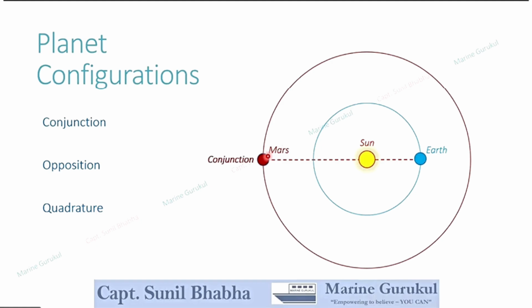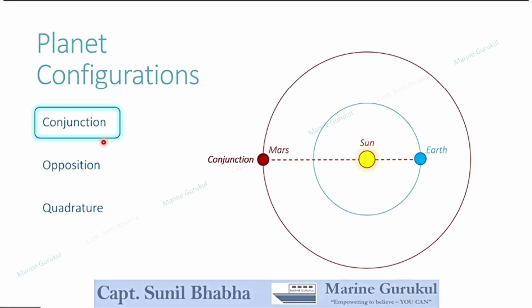Now this particular placement of the planet with respect to the sun is called conjunction. We say that this particular planet, Mars, is in conjunction with the sun. So this is the meaning of the first term, which is conjunction. It basically means that the planet is in the same direction as the sun.